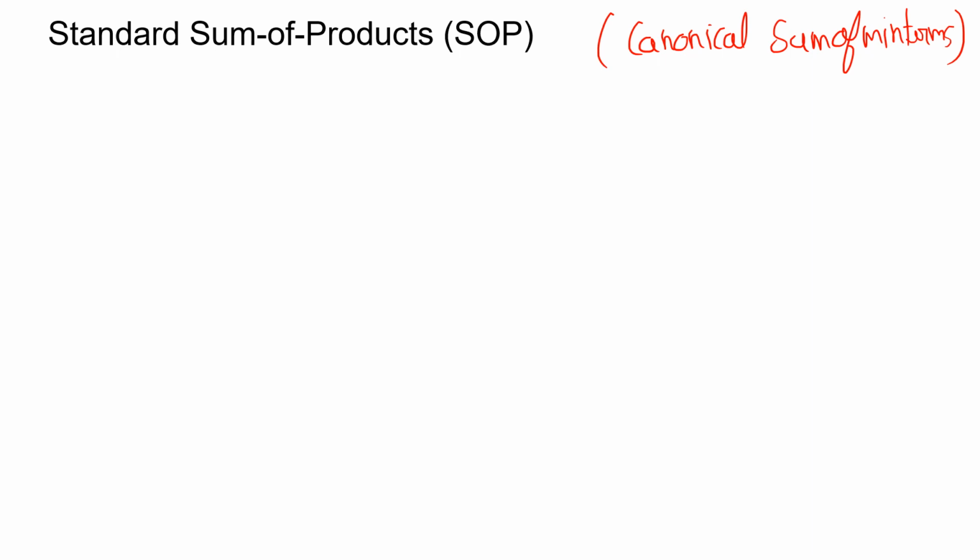Suppose I am saying my function f is equal to summation of small m, and that is 0, 1, 2, 6, right? We have this function. So let me first write the canonical sum of minterm. So what will be the canonical sum of minterm?